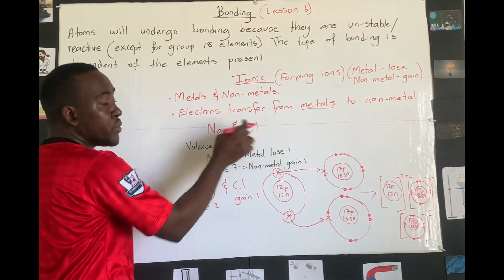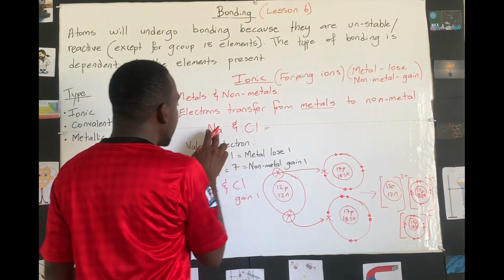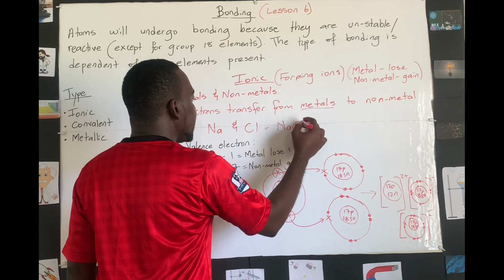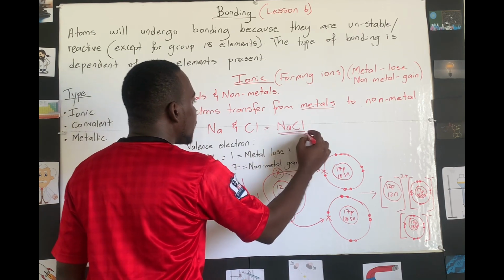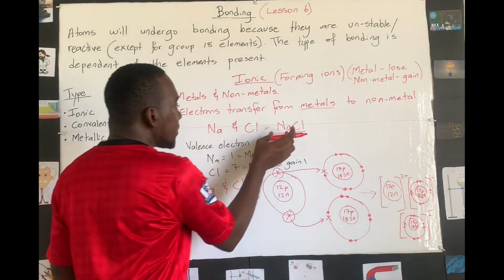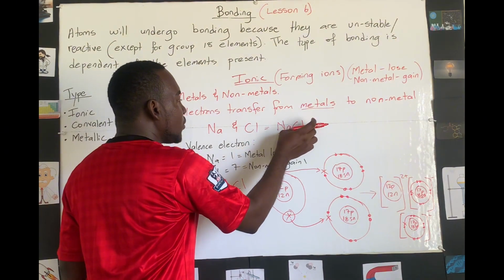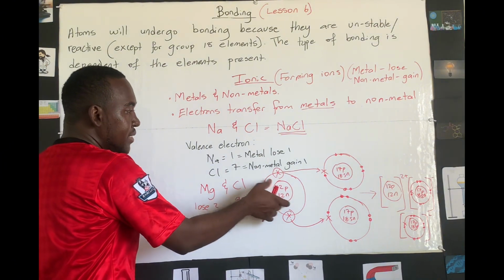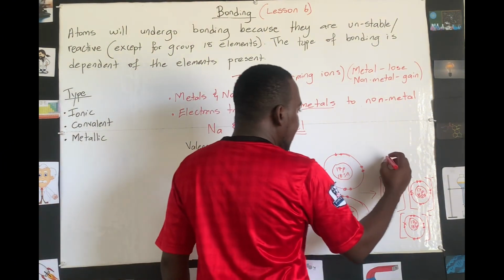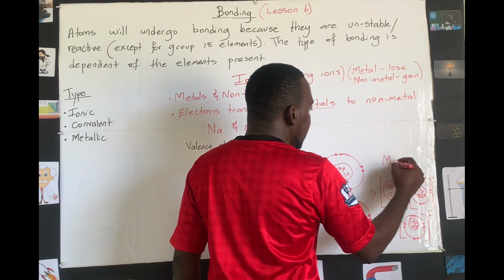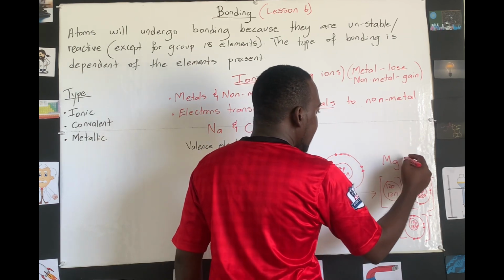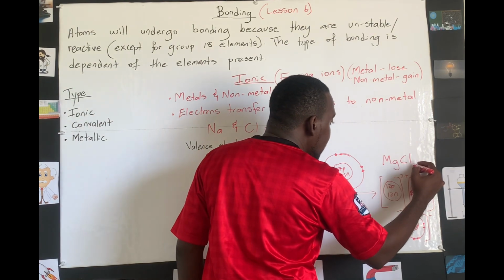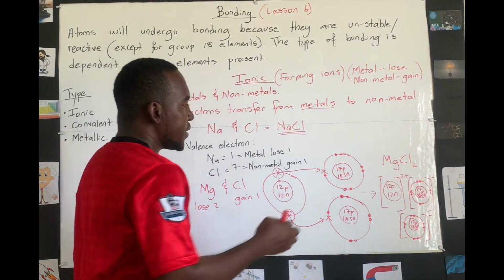So the compound for the sodium and chlorine was that we use 1 sodium and 1 chlorine. So hence we get NaCl, where it represents 1 Na and 1 Cl. Now for magnesium, it is 1 magnesium and 2 chlorine. So therefore it is MgCl, and we put a 2 there to represent that we use two chlorine atoms for this bonding.